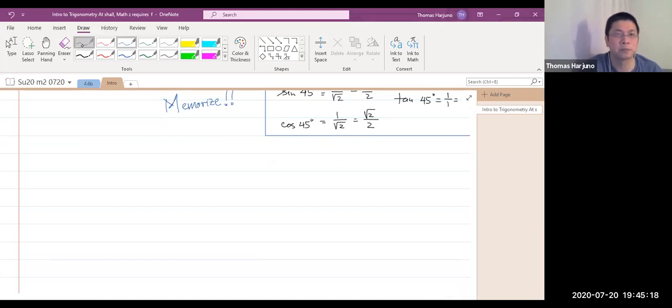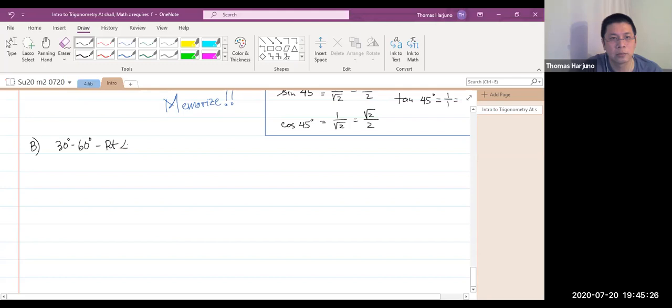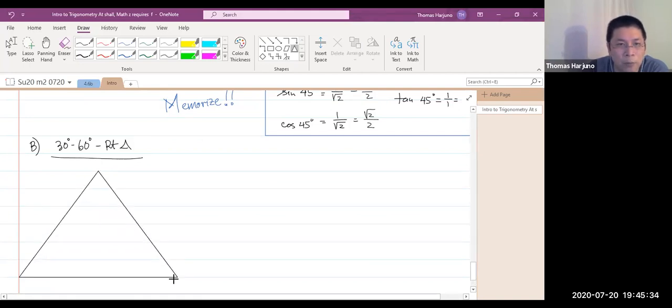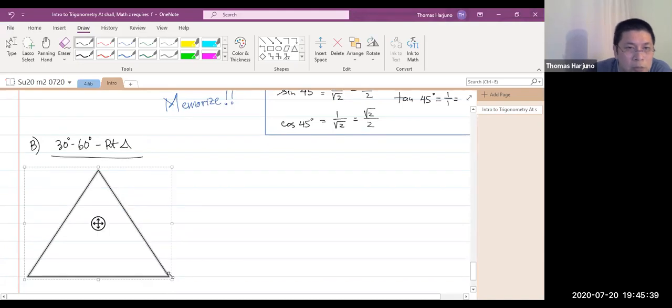Part B. 30 degrees, 60 degrees, right triangle. The 30, 60, 90 degrees right triangle is actually being developed from an equilateral triangle.